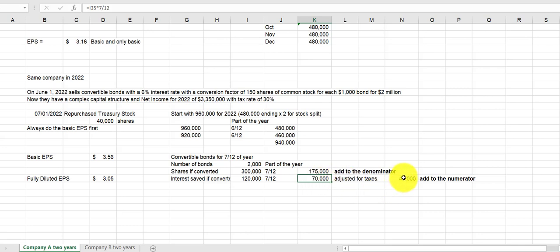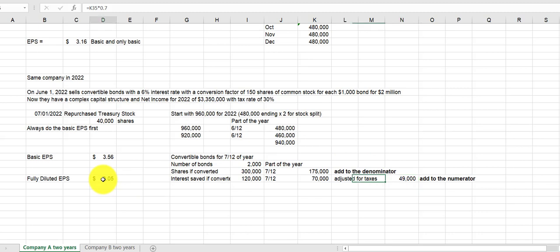The way we do that is just multiply by, if it's a 30% tax rate, 0.7. If it's a 20% tax rate, it's 0.8. It's always the opposite side of the tax rate. So we multiply that by 0.7, get 49,000. We add that number to the numerator.